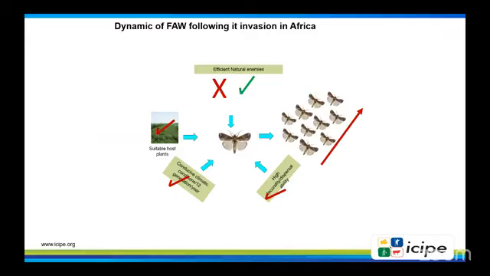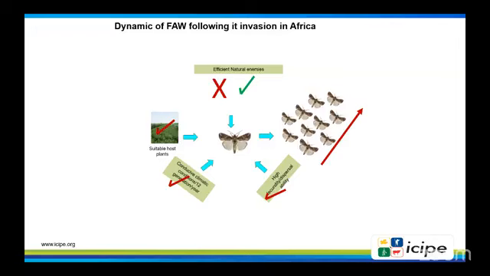There are so many hosts in the range. And of course, as the previous presenter mentioned, it has high fecundity and high ability to disperse. And when it comes to natural enemies, always when a new invader comes, largely it comes without natural enemies. But this is a yes and a no in the case of the fall armyworm, and I will explain further as we go ahead.